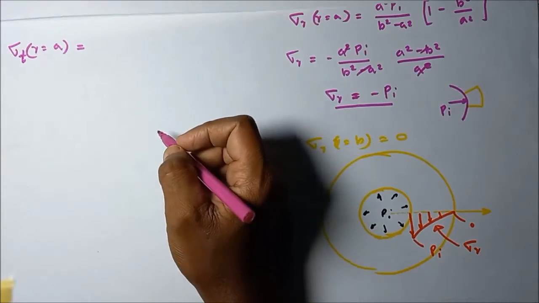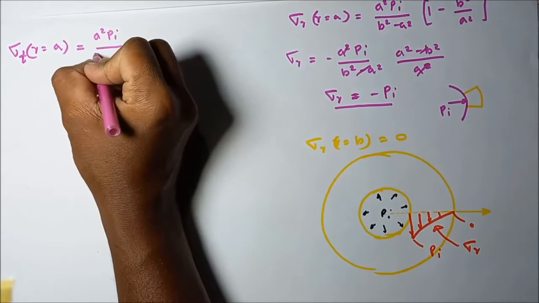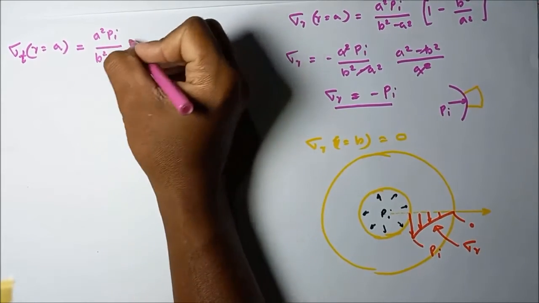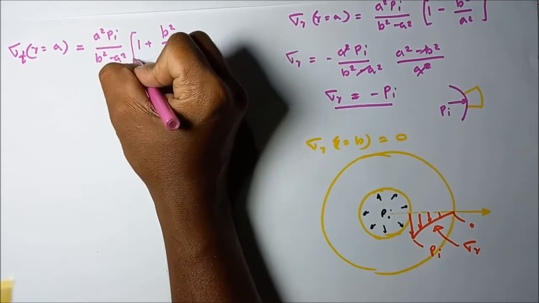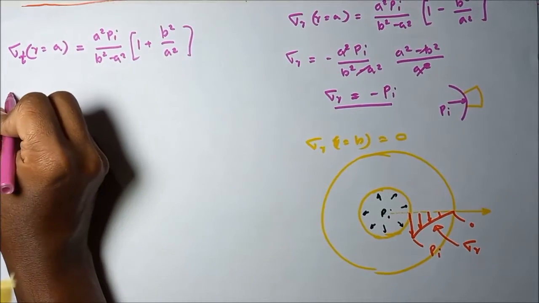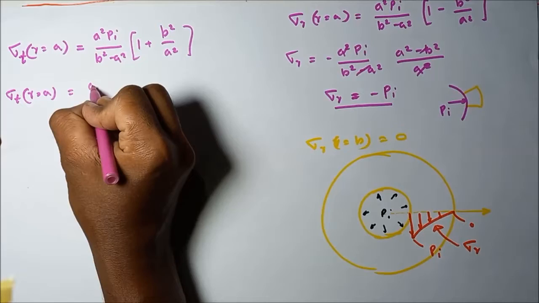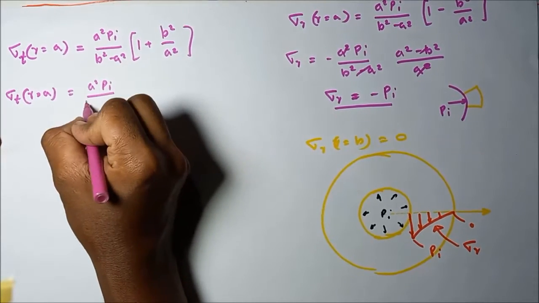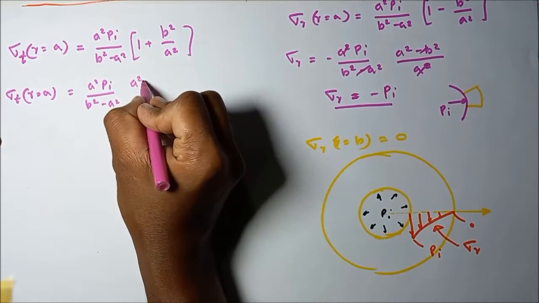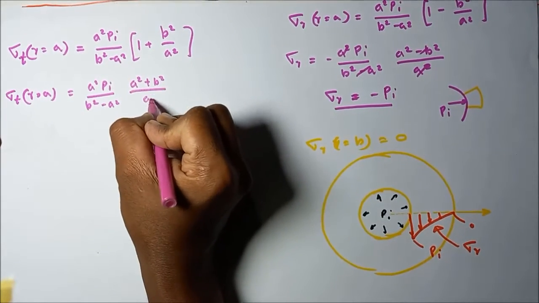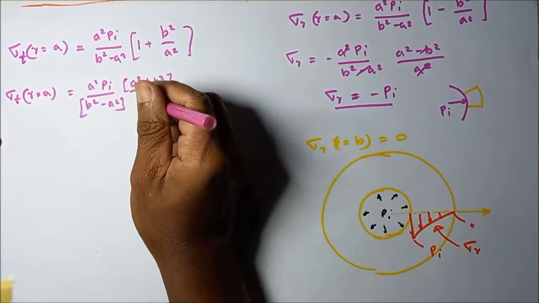That maximum value is equal to A square Pi divided by B square minus A square, times 1 plus B square divided by A square. Let me simplify this equation. Sigma T at R equal to A is A square Pi over B square minus A square, times 1 plus B square divided by A square. You can cut this one.